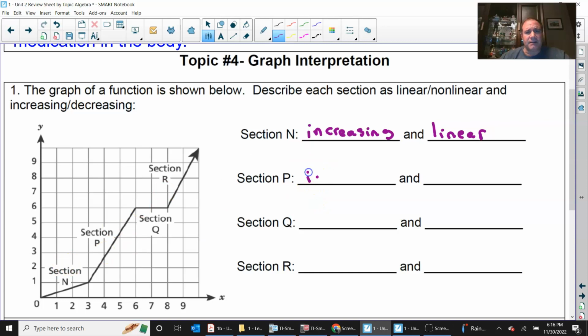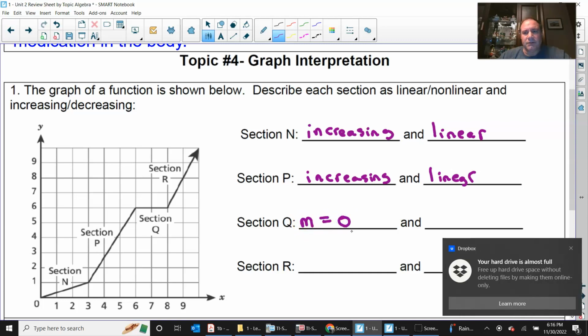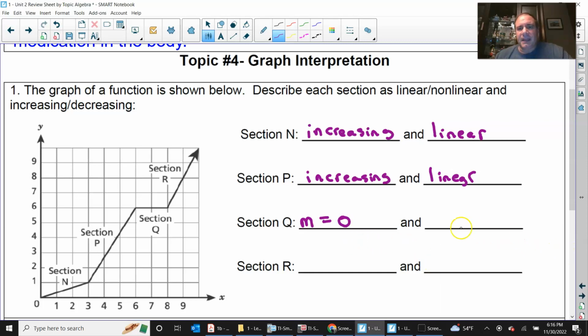Section P, same thing, increasing and linear. Section Q, not increasing or decreasing. What is the slope of that? Slope is 0, and that means that it is a horizontal line.